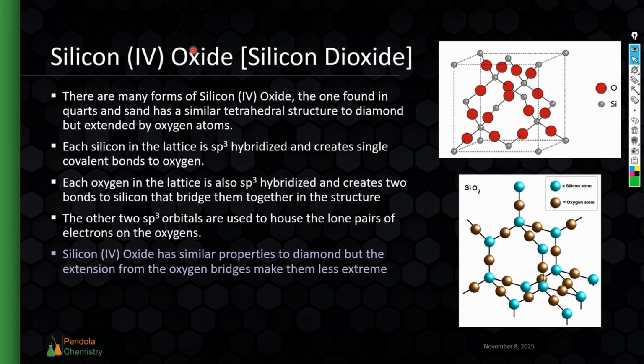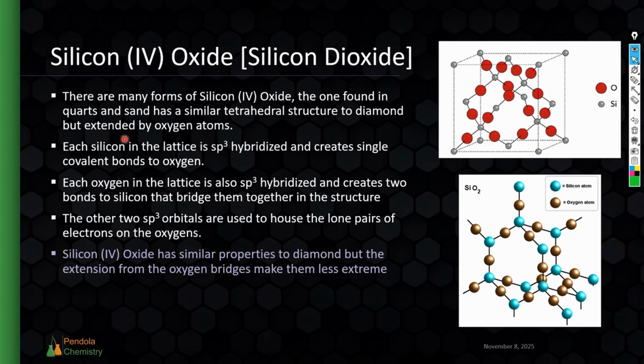Silicon dioxide, or silicon 4 oxide, has many forms, but the one found normally in nature, in things like quartz and sand, has a tetrahedral structure very similar to that of diamond. The only difference is that instead of having just all tetrahedrals, we have tetrahedrals that are connected through an oxygen bridge.